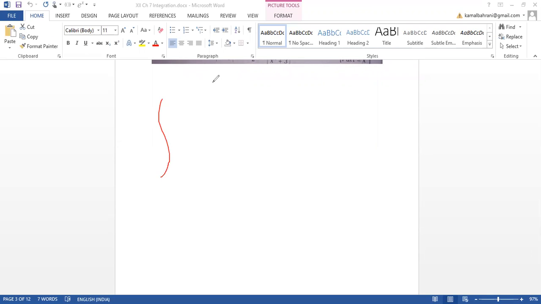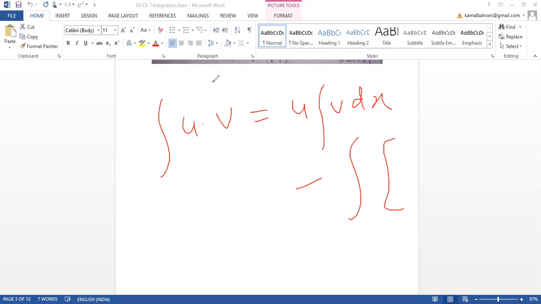Integration by parts. Suppose if you are having two functions, u and v, multiplication u into v. So how you can do the integration of it: u as it is, integration of v dx, minus integration of differentiation of u, d by dx of u, into integration of v dx, whole integration.